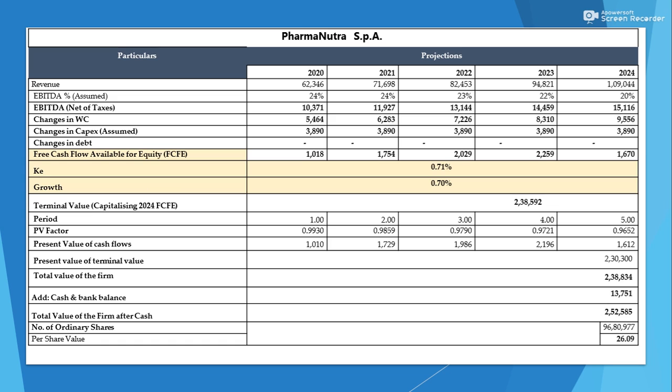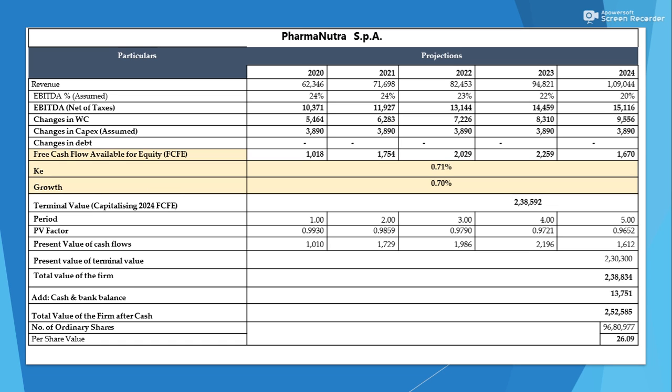CF1 is taken as 2020, CF2 2021, CF3 2022, CF4 2023 and CF5 2024. From 2020 to 2024 all are projected figures which may not be accurate, because again we have to consider COVID-19's impact.